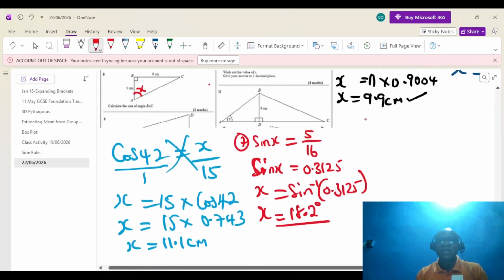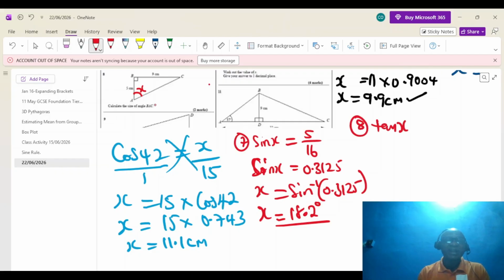So let's quickly do that number 8 before we stop. So I write tan x. X represents the given angle there called BAC. Is 9 over 5. You divide it with your calculator. When 9 is divided by 5, you get 1.8 equal to tan x. Okay?